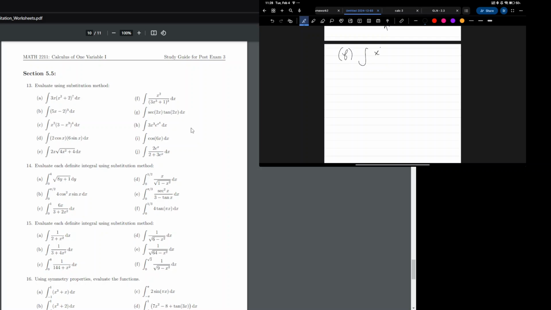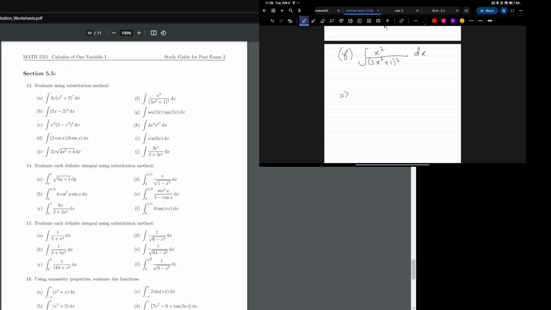So f says that this is 3x cubed plus 1 cubed dx. Now, from here, the most complicated part that seems to me is in the denominator over here, 3x cubed plus 1. And I also see that if I differentiate this, I would get a squared power. And I have a squared power up top.